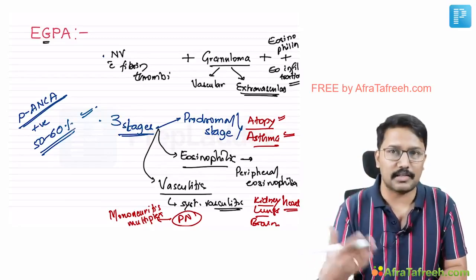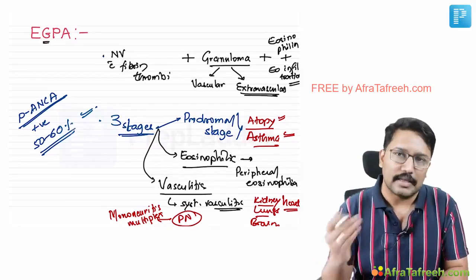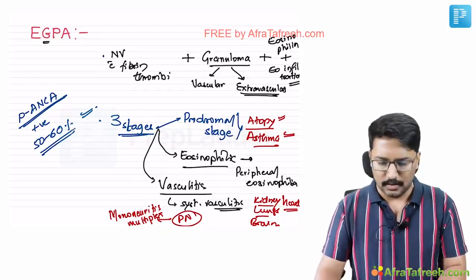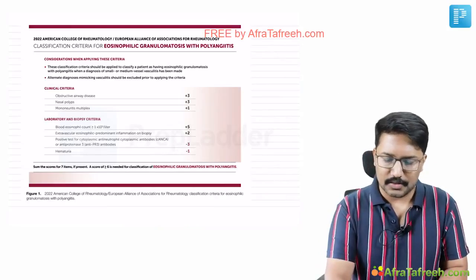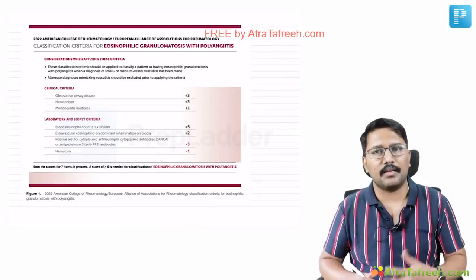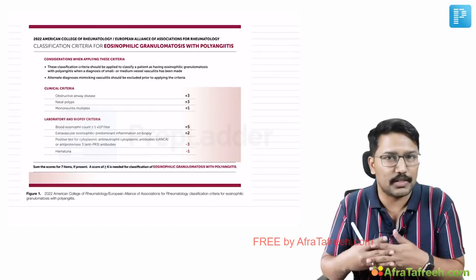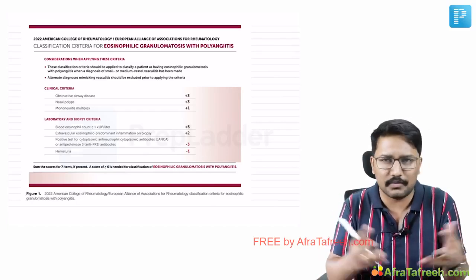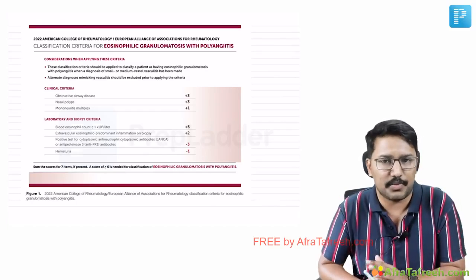So when we talk about classification criteria, we will be giving some negative weightage if the patient is C-ANCA positive. In terms of diagnosis and classification, any patient who presents with a small vessel vasculitic kind of presentation and a strong history of asthma or atopy, the first thing that should come to our mind is EGPA.